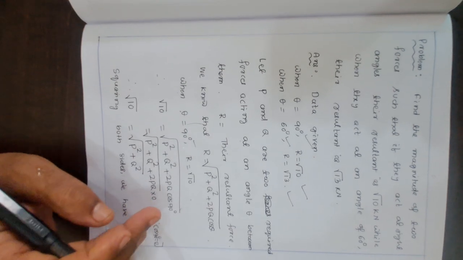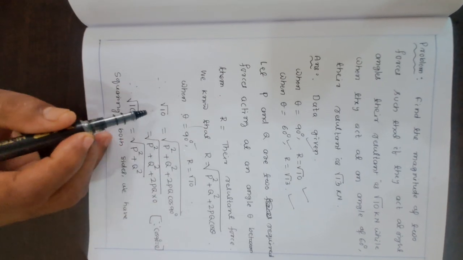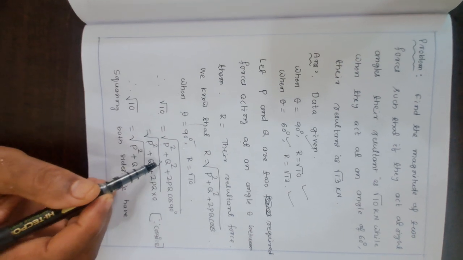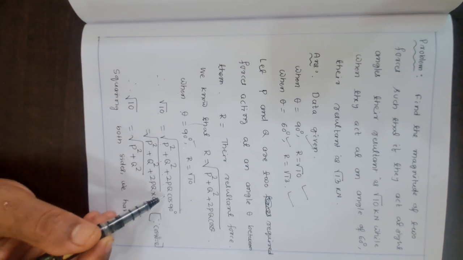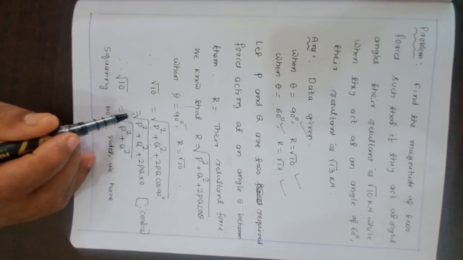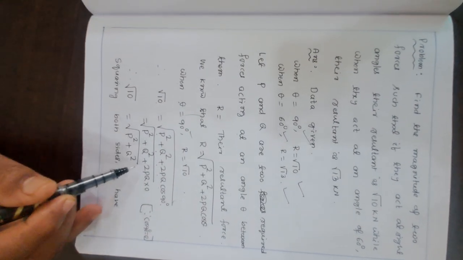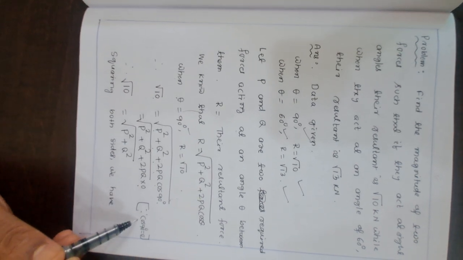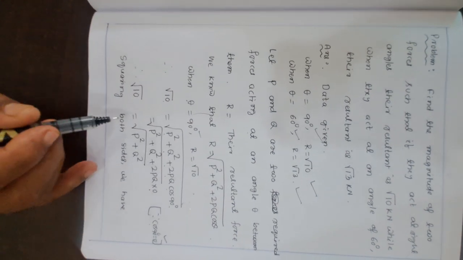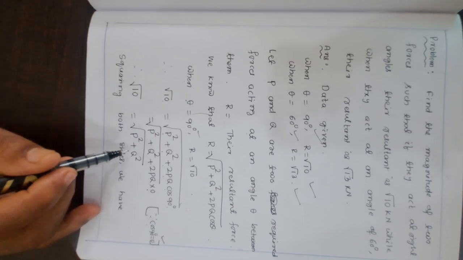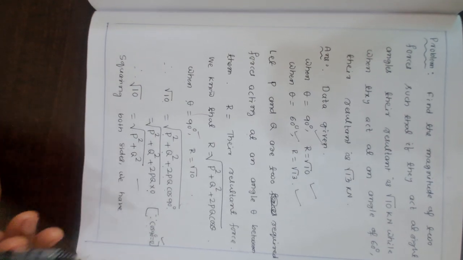After putting all the values, we have root over 10 is equal to root over P square plus Q square plus 2PQ cos 90, because theta is equal to 90, is equal to P square plus Q square plus 2PQ into 0, because cos 90 is equal to 0. Or root over 10 is equal to root over P square plus Q square.